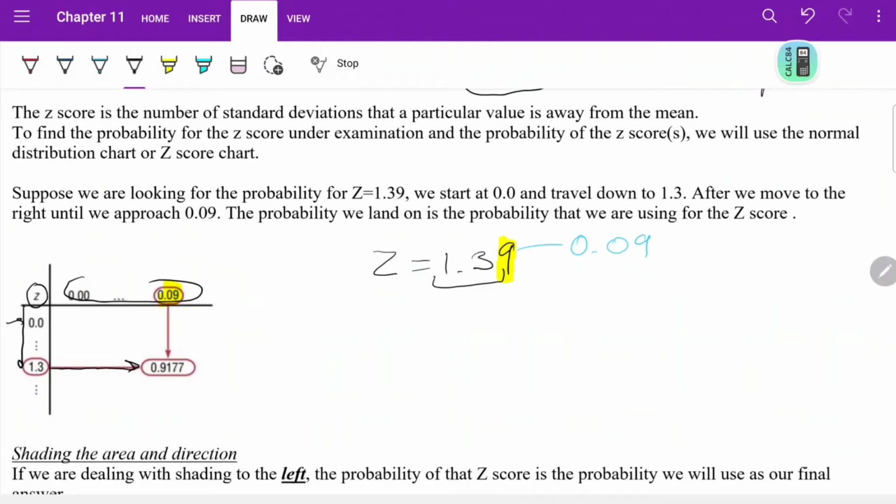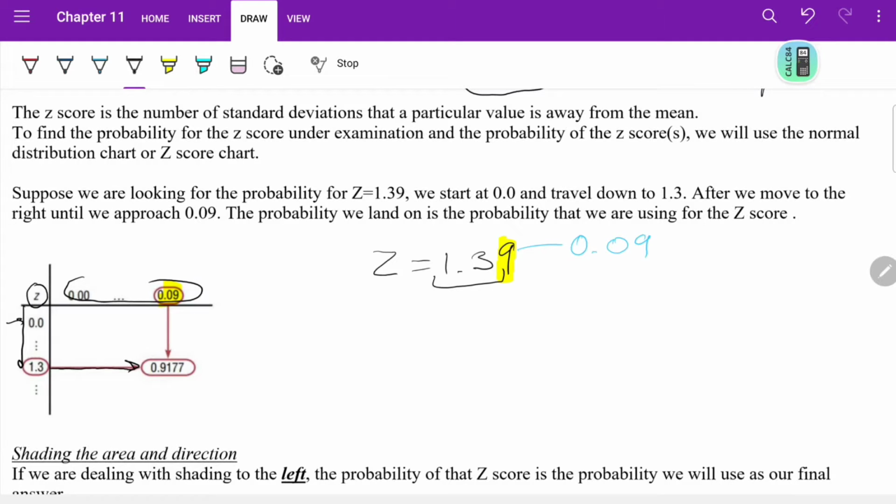Now, when we're doing problems like this, we also have what is called shading the area in response to the z-score. And when you shade under the curve, you have several directions. We're going to focus on 3 directions of shading: shading to the left, shading to the right, and shading in between.